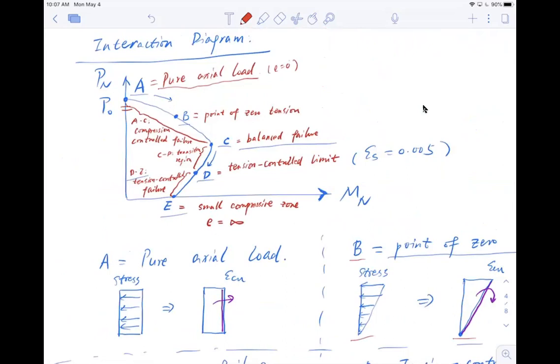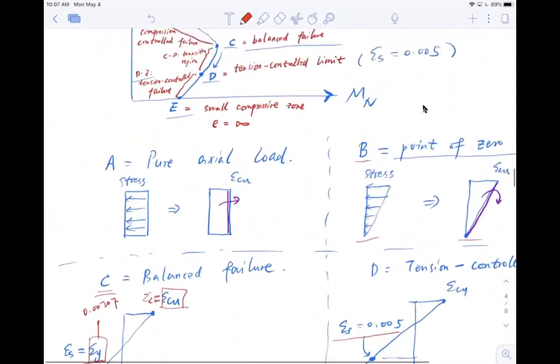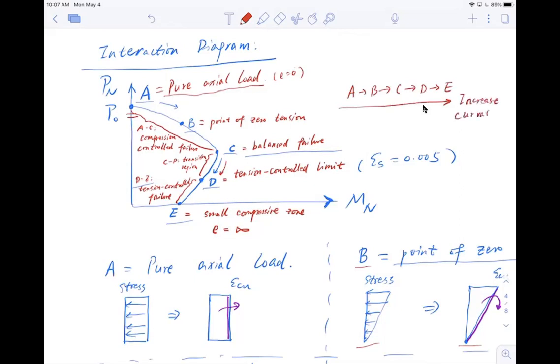As we have more moment, actually what happens is I have more strain in the steel. Now you realize that saying more moment is not really appropriate, because in this curve, when I come from C to D, my moment does not increase, my moment actually reduces. So I should say when you follow A, B, C, D, E, this path is actually increased bending curvature.